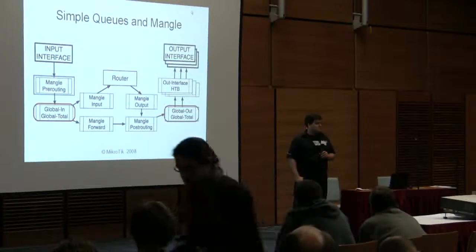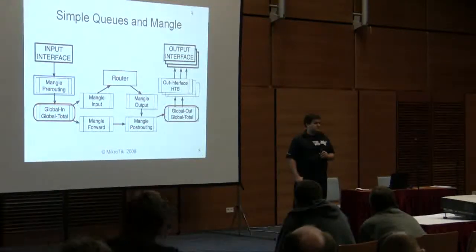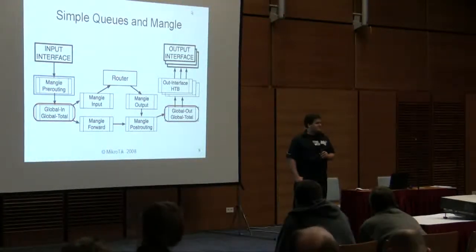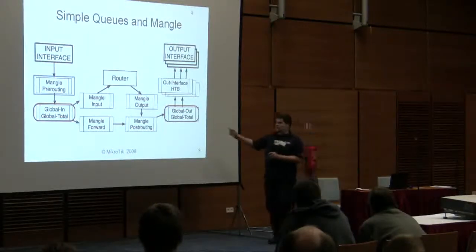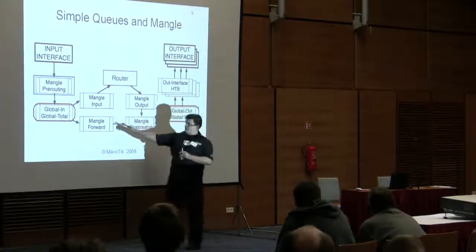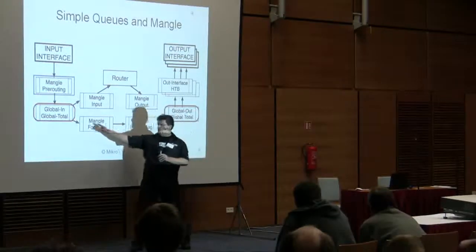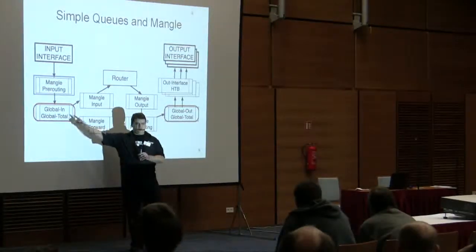I know for sure at least 3 persons here who know. Only one direction will work. In this case, upload will not be limited. Any of you have any problems with unlimited upload? Probably that's because you were mangling in the forward. And as you can see, if you mangle here, you cannot limit that mark here because it's before.